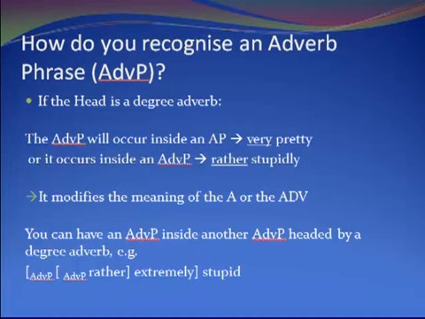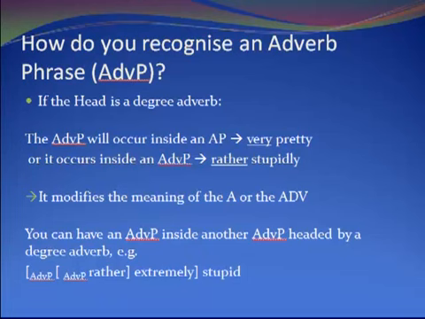So it's inside a larger adverb phrase with stupidly as the head. Now, what we say then is that this adverb phrase, the adverb phrase of the degree adverb, modifies the meaning of the adjective or the adverb. So rather than saying that someone's pretty, you're saying they're very pretty. So very modifies the meaning of pretty.